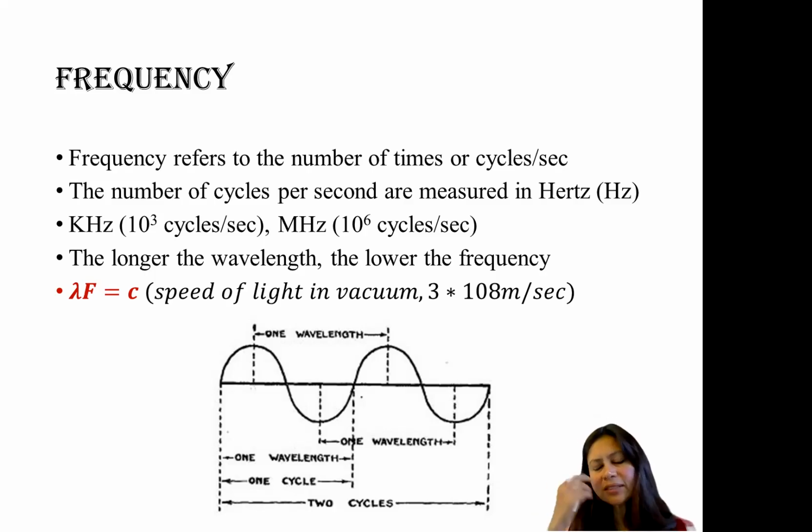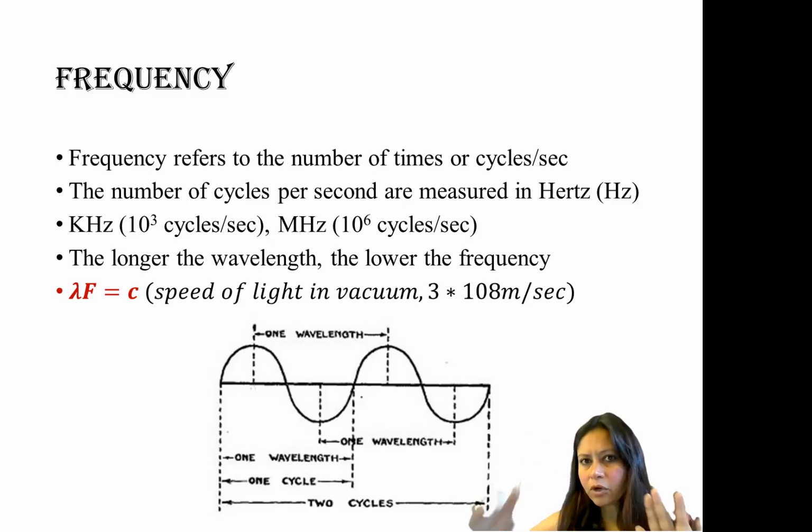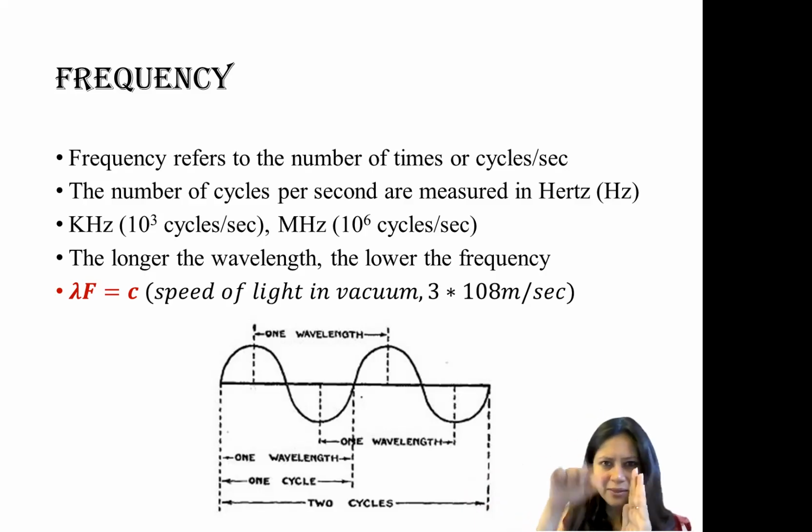Give this sentence a thought. The longer the wavelength, so you saw longer wavelengths like 10 to the power 3 meters, right? In 1 second, how many complete cycles does that long wave make? Much less. If your wave looks like this, the number of complete cycles this particular wave makes in 1 second will be a lot more.